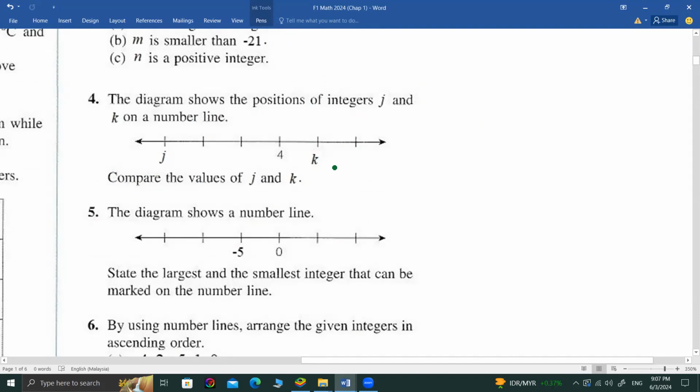Got it? Okay? So is k to the right of j? J 是在左边，K 是在右边，右边的是比较大的，OK 呢？So you can tell K is larger than J, or you can say J is smaller than K. No need to write both, write one only. 写一个就够了哈，OK?